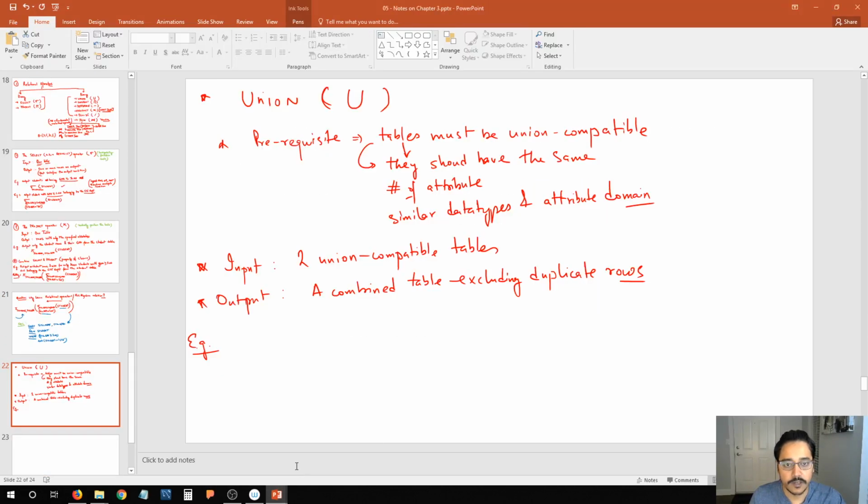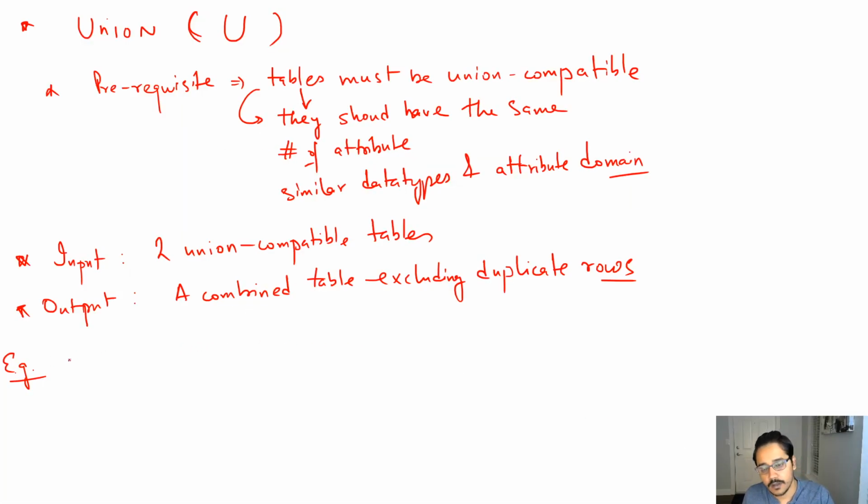So the next one, so again to recap, if you have a relational table, let's say RT1, and if you union that with a relational table RT2, then it will append the rows together to create a new table, let's say RT new.